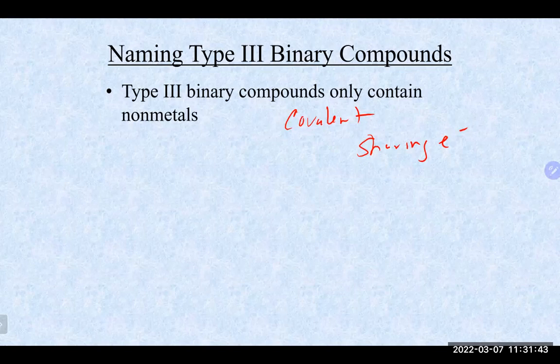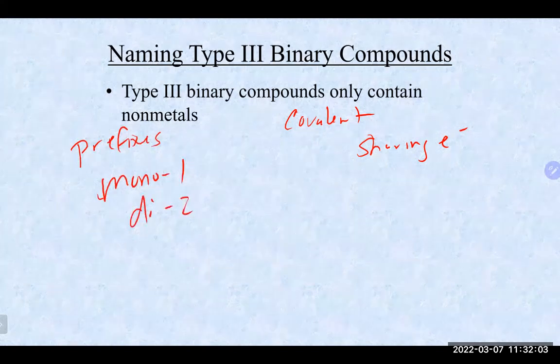But they're also the ones people screw up the most on because they want to do all kinds of weird things with it. I've been yelling, no prefix, no prefix, no prefix. These are the ones that you should use a prefix for. Things like mono, which means 1, right? Di, which is 2. Tri, which is 3.